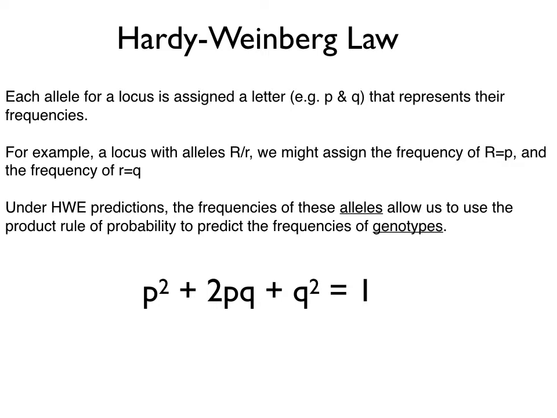Under Hardy-Weinberg predictions, the frequency of these alleles allows us to use the product rule of probability to predict the frequencies of genotypes. Okay? So you've seen this equation below, p squared plus 2pq plus q squared equals 1. And this is the equation that we use to represent the genotypes.